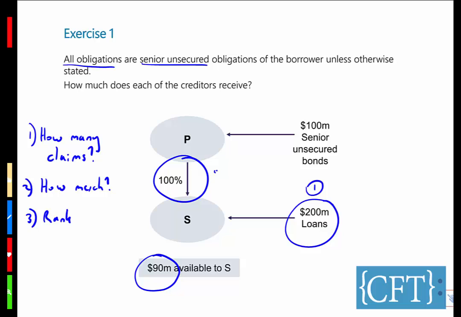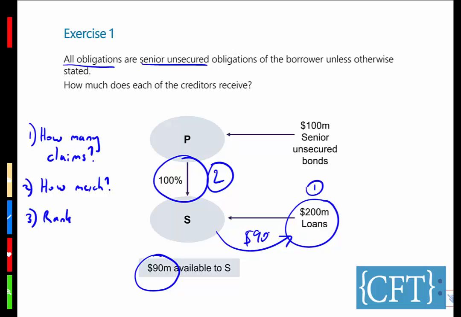So therefore if we have two claims, how much is each claim for? Well, claim number 1 is for $200 million. Claim number 2 is for everything else because the equity holders get whatever's left. How do they rank? Well, hopefully you can see that a senior unsecured loan claim ranks senior to an equity claim. And therefore, in this particular instance, the entire amount of 90 million is going to go here.